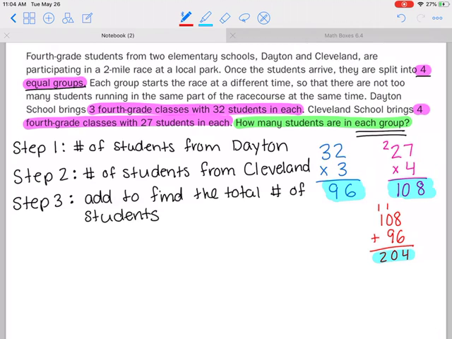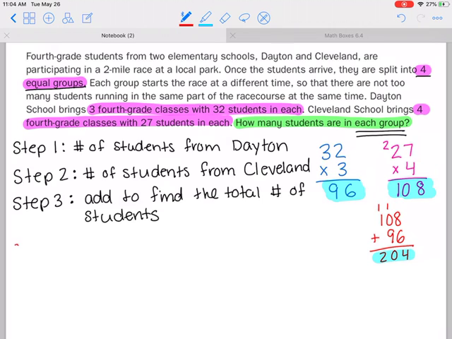Now that I know how many students came from Dayton, how many came from Cleveland, and I added them together to find the total number of students, I can put them into those 4 equal groups. First we did multiplication, then addition, now we're doing division, all for the same word problem. That's why it really helps when I outline the different steps, to make sure you don't miss anything.